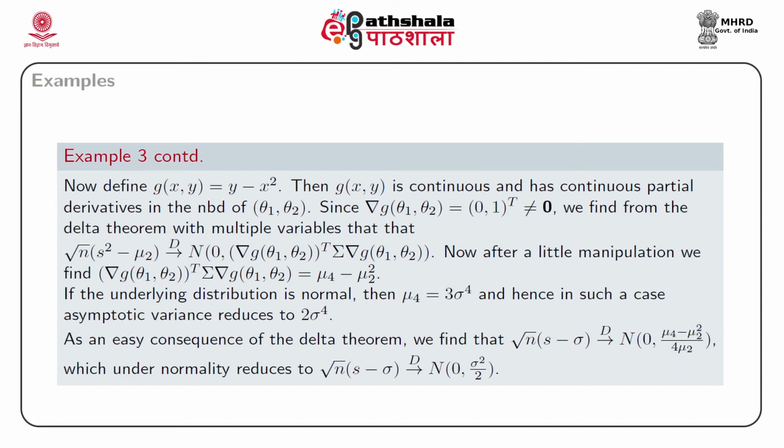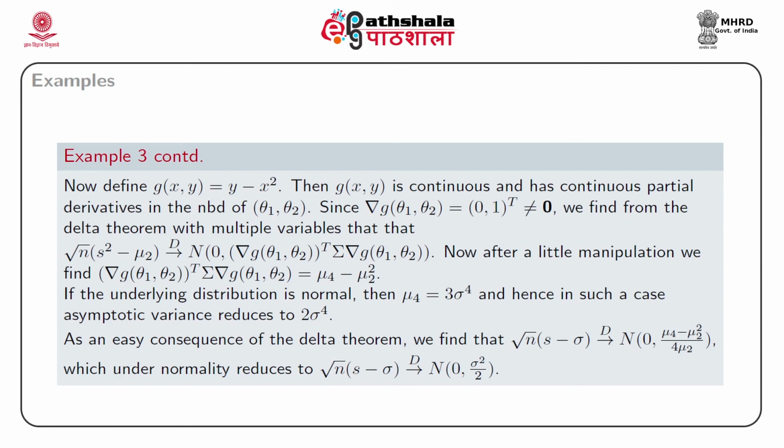So if the underlying distribution is normal, then mu4 equal to 3 times sigma to the power 4, and hence in such a case the asymptotic variance reduces to 2 times sigma to the power 4. As an easy consequence of the delta theorem, we find that square root of n (s minus sigma) converges in distribution to normal distribution with mean 0 and variance (mu4 minus mu2 square) whole thing divided by 4 times mu2.